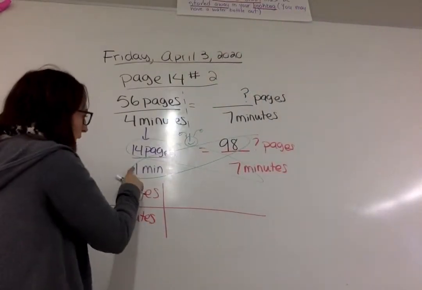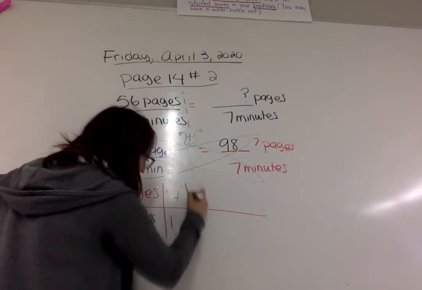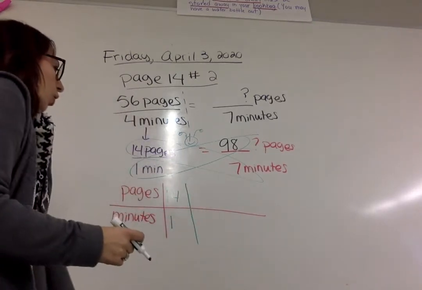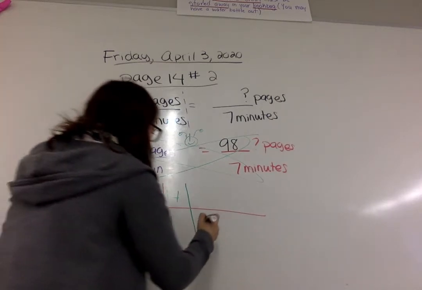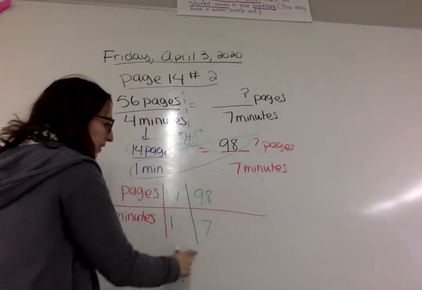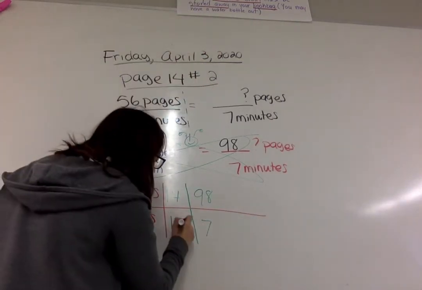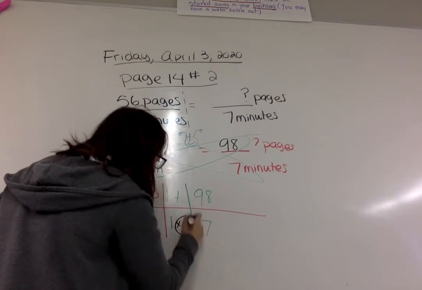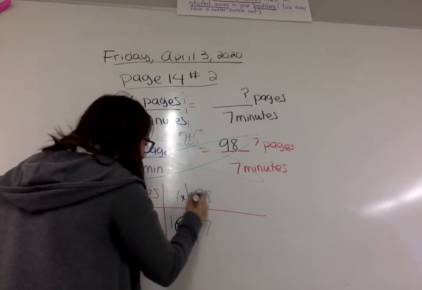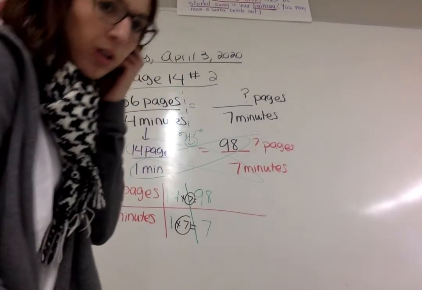We already got that in 1 minute, I can do 14 pages. We know that in 7 minutes, I'm going to be able to do 98 pages because 1 times 7 is 7, because that's my unit rate. And 14 times 7 is equal to 98. So there's another way you could have solved it with a ratio table.